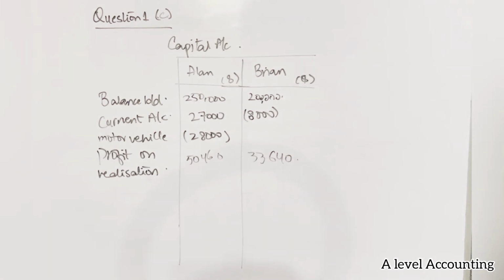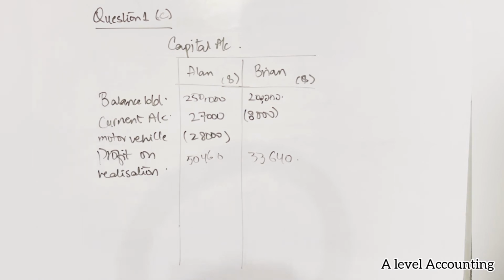Now if you look into the question, they told us that ordinary shares were divided among the partners in the capital ratio at the end of it. So if you look into the question, we get to know that the balances at the start were 250,000 and 200,000, and they're issuing at 1.5 premium.